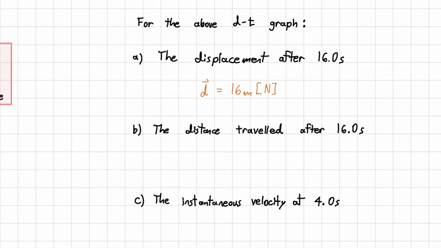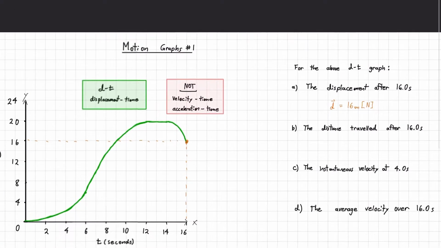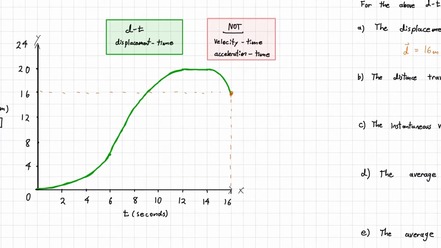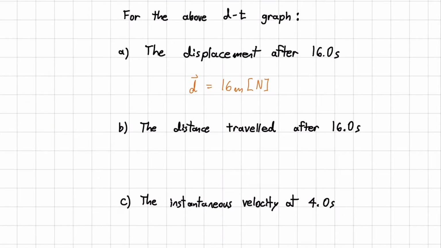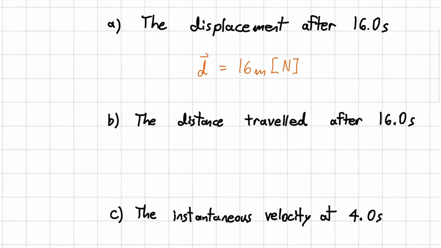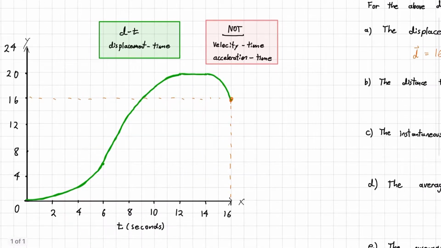Moving on, it asks for the distance traveled after 16 seconds. Now you'll see there's a difference between distance and displacement. The displacement is the vector, so it refers to a distance traveled with a direction, whereas the distance without a direction is something completely different. So how we're going to measure that is find out how high we go.